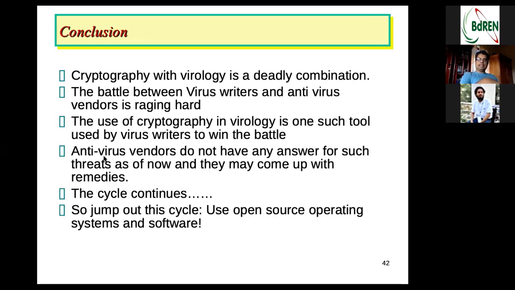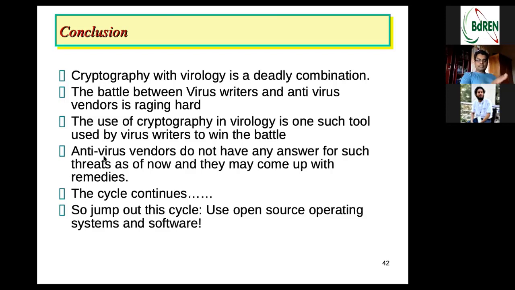Sometimes people say antivirus software vendors are the people who are writing viruses as well. We never know. In cryptography, we basically use it for good purposes. However, nowadays people use cryptography for bad purposes as well, like writing ransomware.